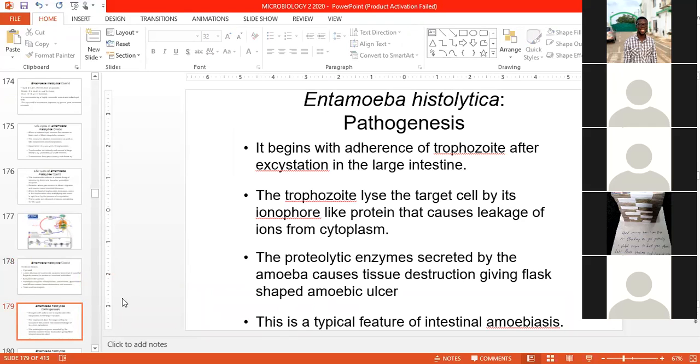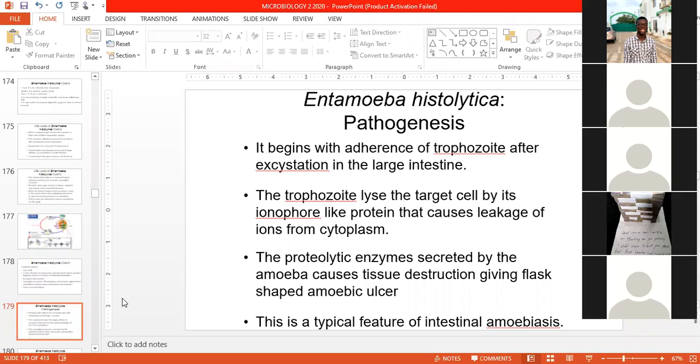To brush through, the trophozoite adheres to the large intestine, then releases its contents. By the contents being released, they also divide. Then the ionophore-like protein will cause the distortion of the channels, which will result in the leakage of ions to the cytoplasm, as I said.